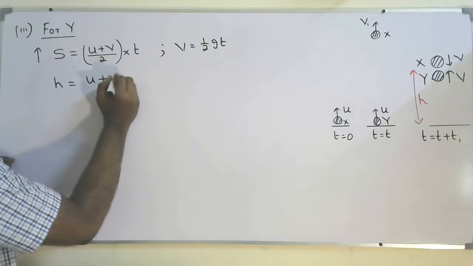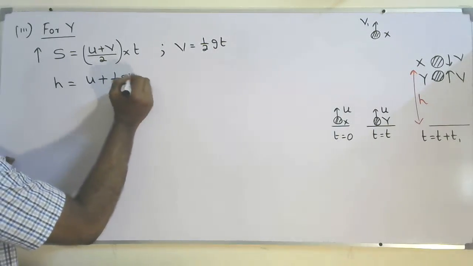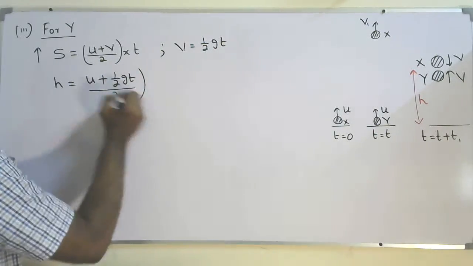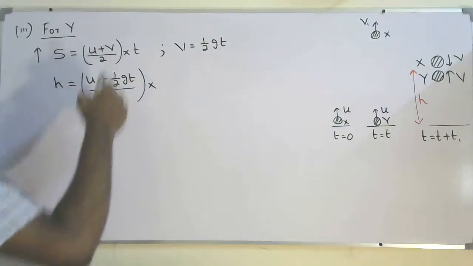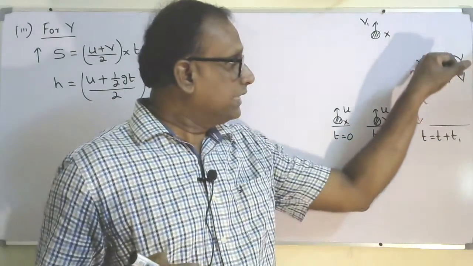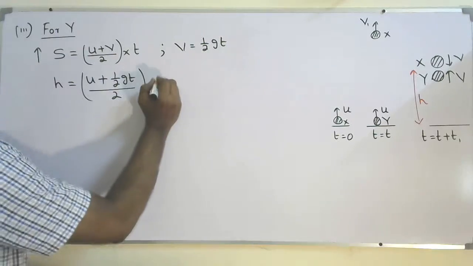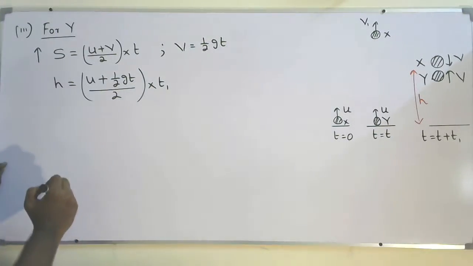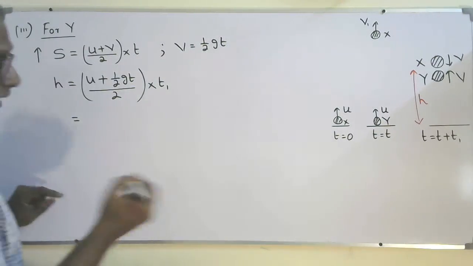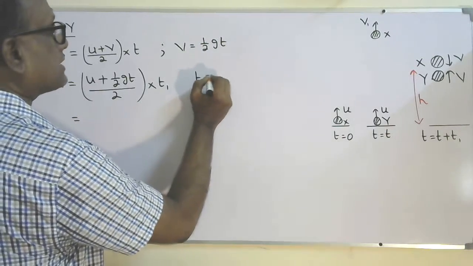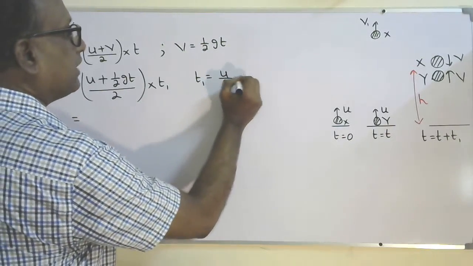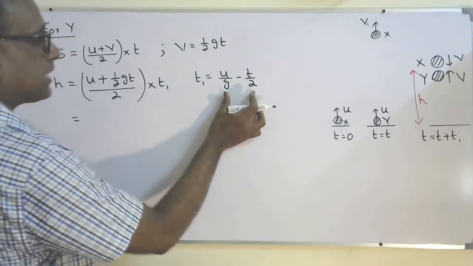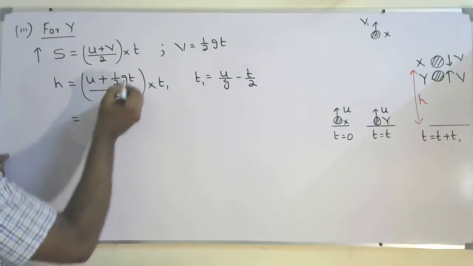So I'll substitute that, half gt, divided by 2, into the time taken by y to hit x, which is t1. And we also derived in the first part that t1 is equal to u over g minus t by 2. So substitute that here.